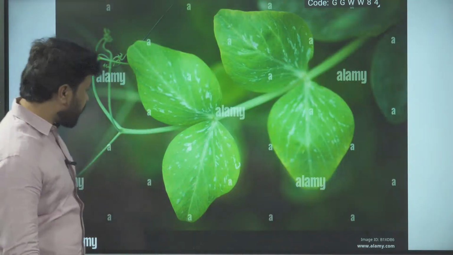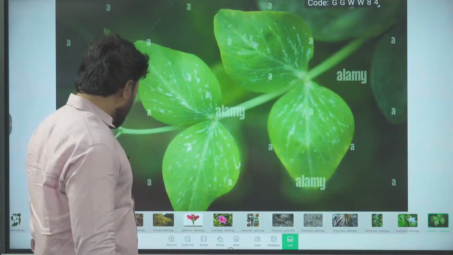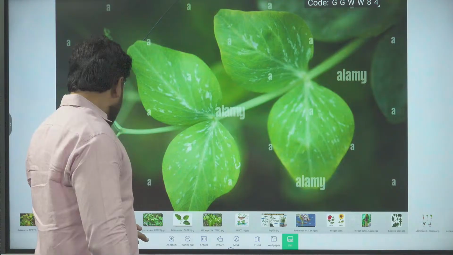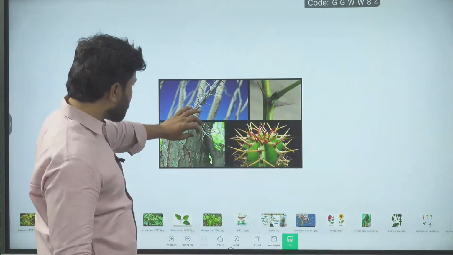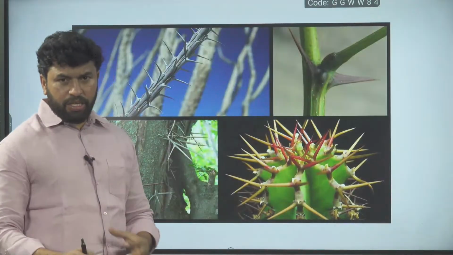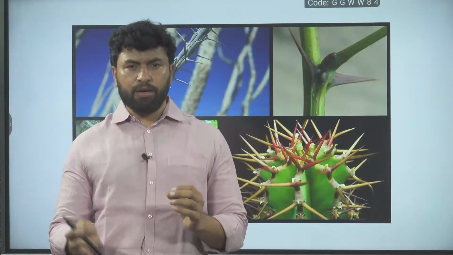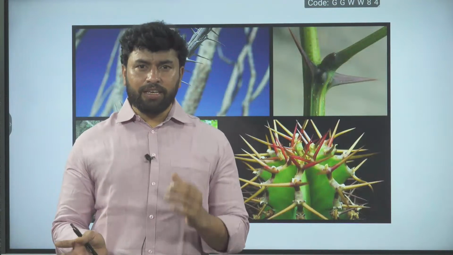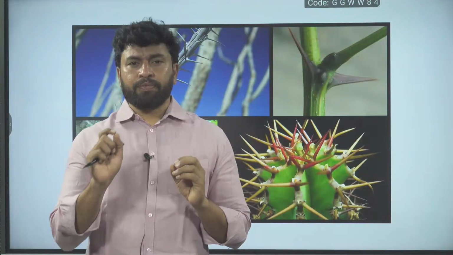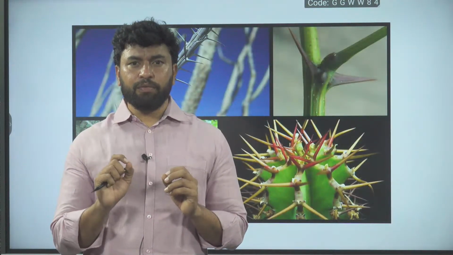Okay. Next one, thorns. Tendrils, thorns, and don't mistake them with spines. These are thorns. They are mentioned in our NCERT book without any difference. Some places they say thorns, some places they say spines. But the exact variation is: thorns are stem modification, spines are leaf modification.